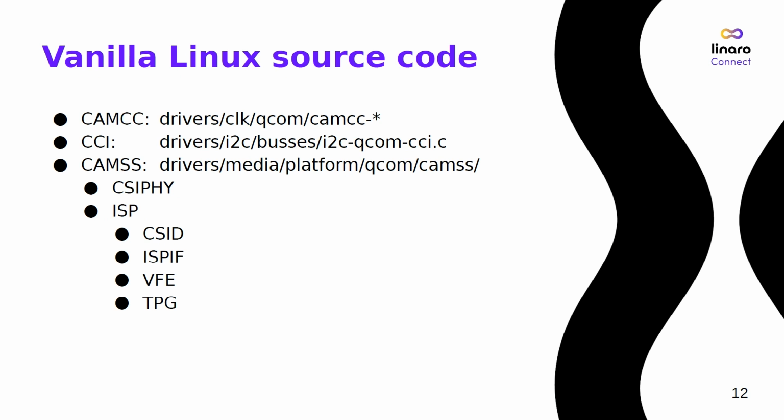What is also important to say is that Qualcomm releases CAMSS ISP major changes to IP every second year, and that means if you find some version of ISP already supported, you can most probably very easily get supported a version which is close to it. So let's say a year before it, or a year after it. So the same generation.